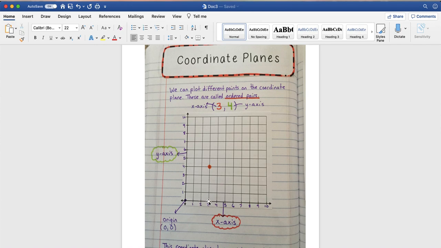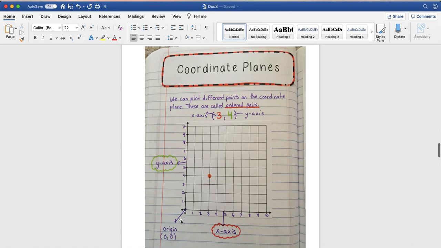So I have to run 3 spots, and that's where we put our parentheses, and I would write 3 and separated by a comma. Then I need to see how high I need to jump. 1, 2, 3, 4. And I would put my 4 here and close my parentheses. And that is my ordered pair. That's my direction of how to get to this point from my home base.